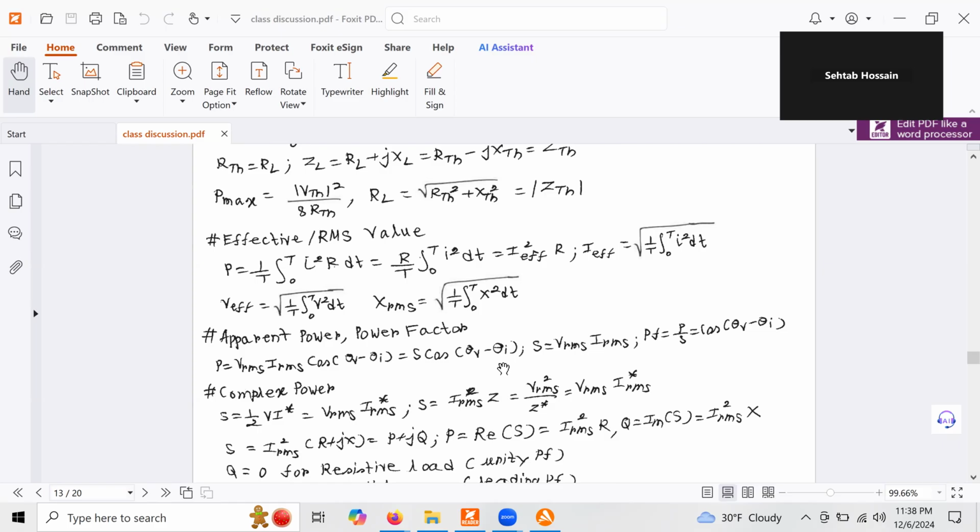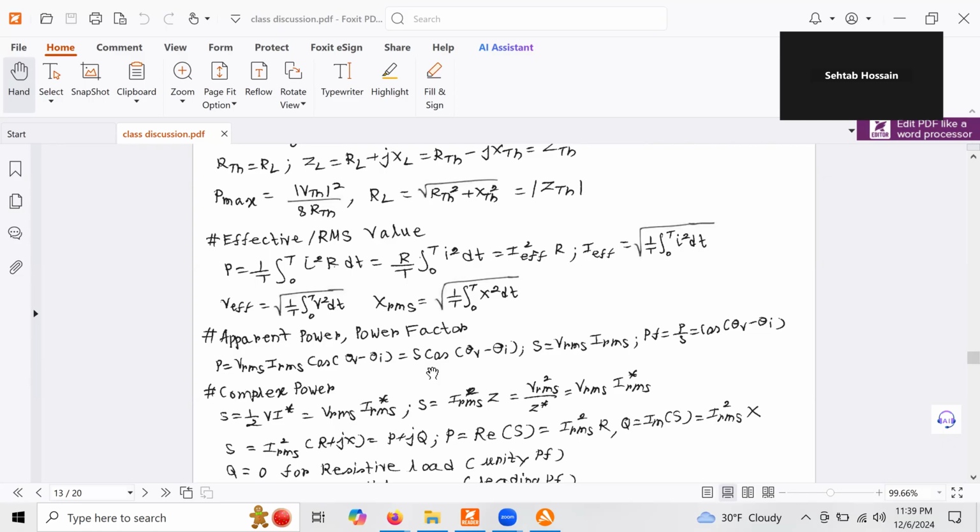So apparent power is the summation of real power and imaginary power. How are we getting imaginary power? We are getting imaginary power from the reactance, the imaginary resistance. So for that case, S equals Vrms times Irms, and the real power is Vrms times Irms cos(theta V minus theta I).